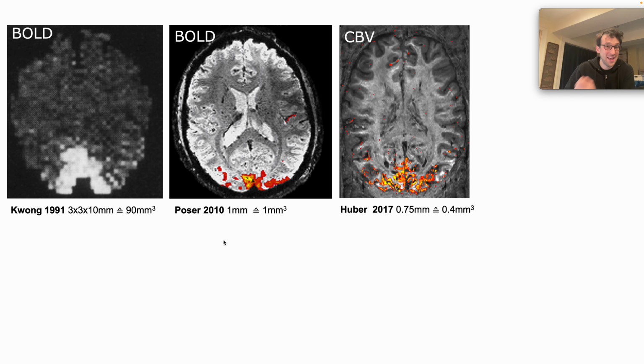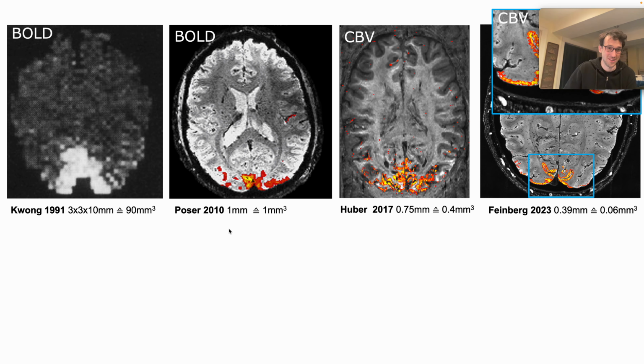And to put all this into historical perspective, I think these resolutions are just a direct manifestation of Moore's law of fMRI resolutions, where every decade we get about an order of magnitude better in the voxel size, from 0.1 milliliter in the early 90s to now 0.1 microliters.